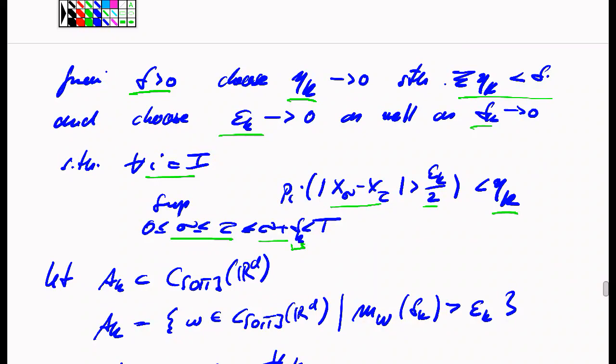It is possible to find such. So it's possible to find an eta k. Obviously, that's just a fast enough convergence sequence to 0.